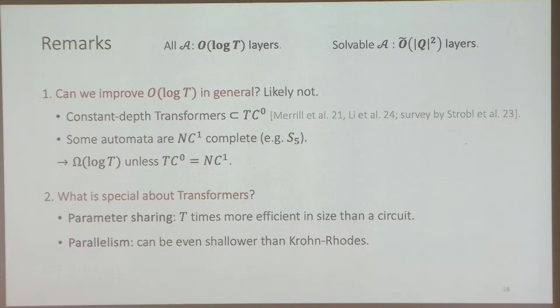This means the transformer can implement solutions that are shorter than what is given by Krohn-Rhodes. One example we already saw is that for all abelian groups, the transformer can implement them using O(1) layers, independent of the size of the group or the sequence length. We also found that in a special case of non-abelian groups, we can also solve it in O(1) layers. So there's some structure in the transformer that's more interesting than what Krohn-Rhodes theory can tell us.